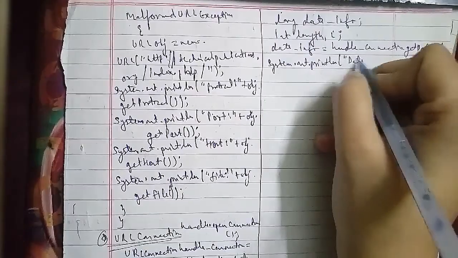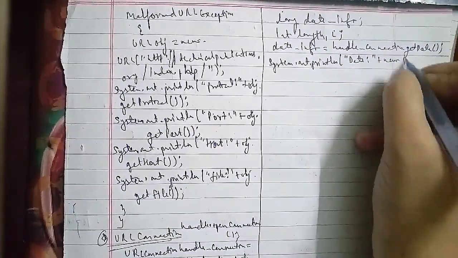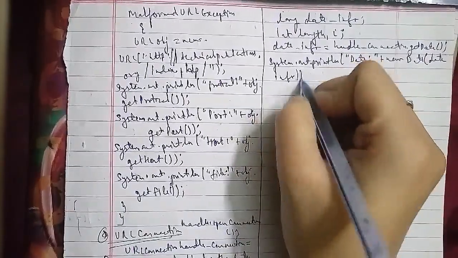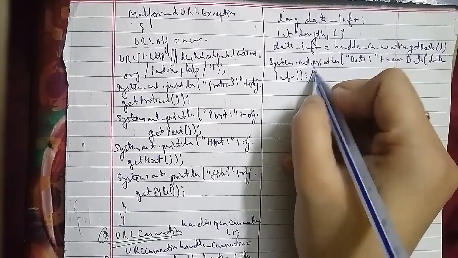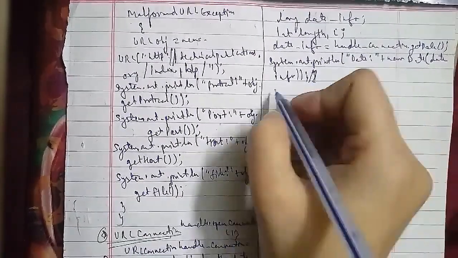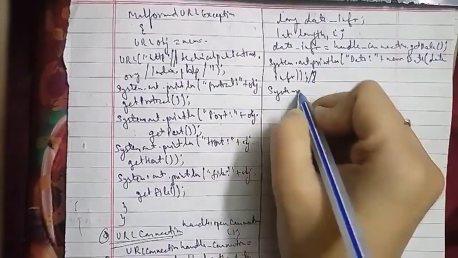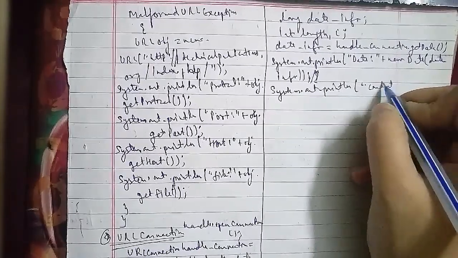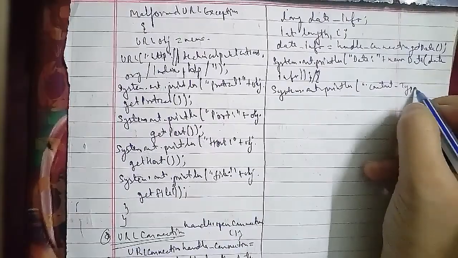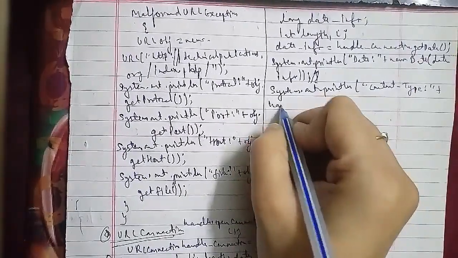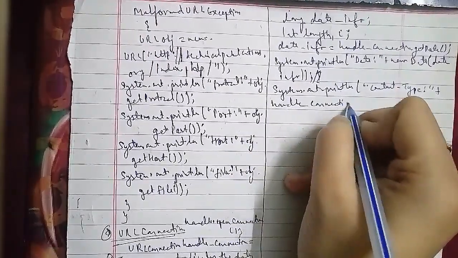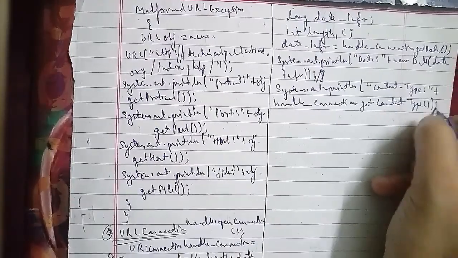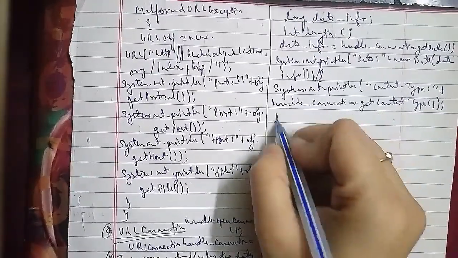then after that InputStream inputStream equals handleConnection.getInputStream(), then while ch equals inputStream.read() not equals -1, then start with another bracket, then we have System.out.println((char) ch).